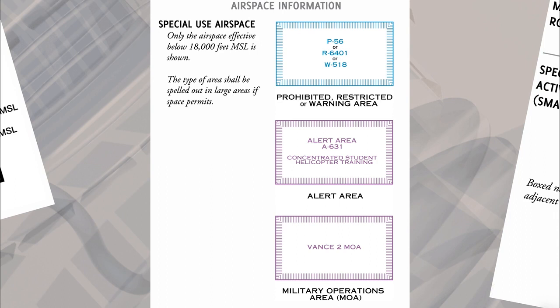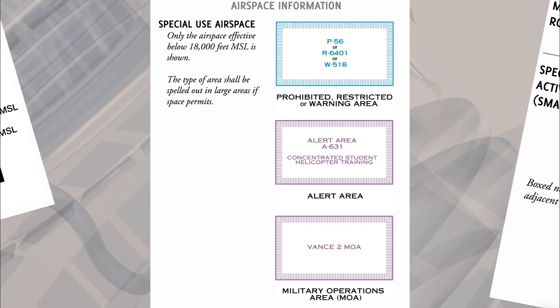Those you're not flying in unless you get permission to fly in them. The warning area you can fly through. You don't have to contact the controlling agency. Alert areas you can fly through. There is not usually anyone that is a contact there unless it's a parachute operation. But you can fly through there as long as you're being careful, being more vigilant.